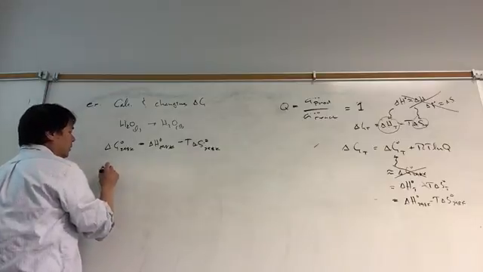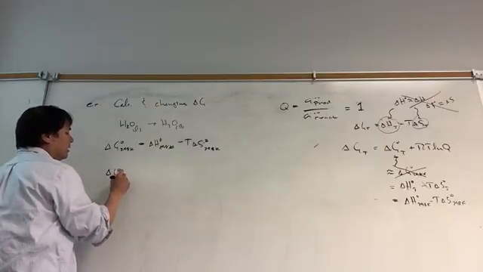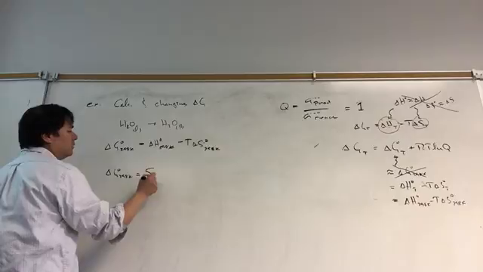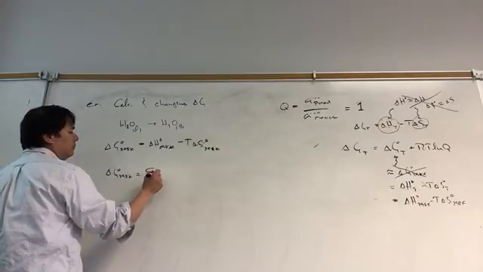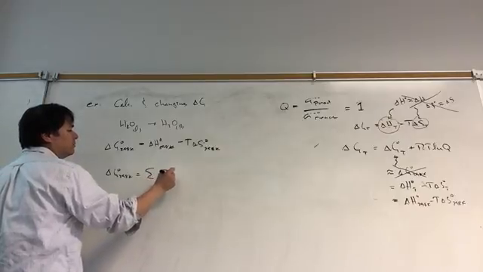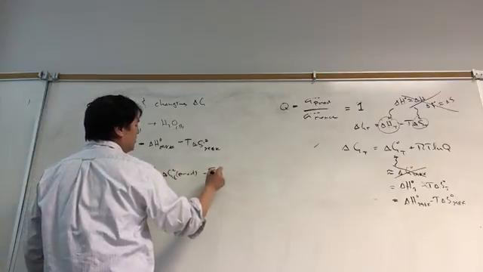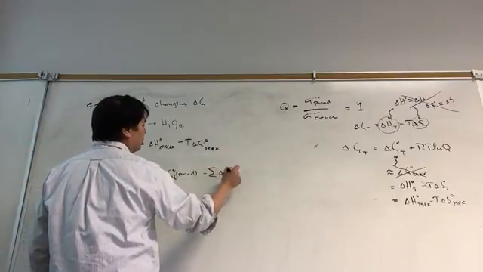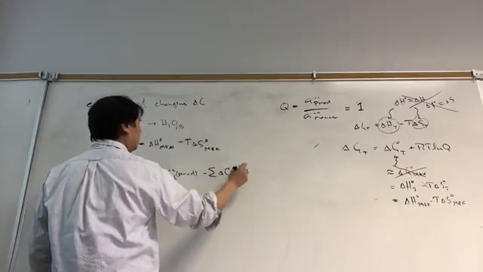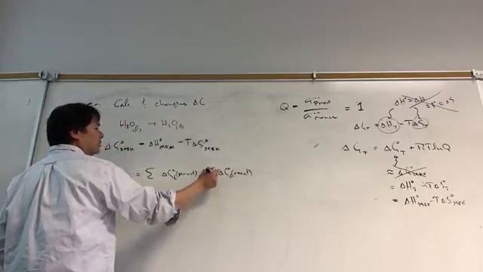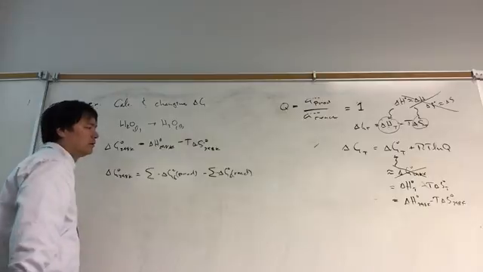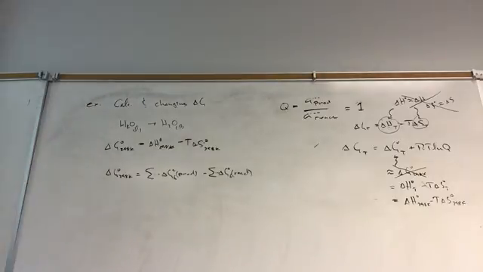And I want you to calculate delta G at 298 Kelvin, which is going to equal the sum of the delta G's of formation of the products minus the sum of the delta G's of formation of the reactants. And there's going to be some coefficient here, mu they call it, depending on how many moles of each we have.